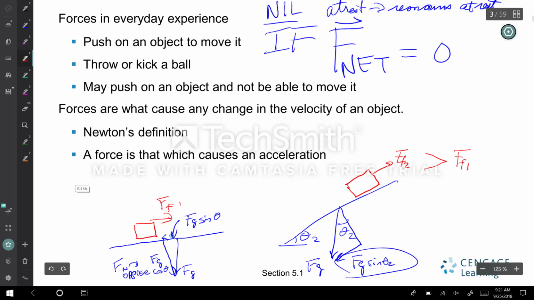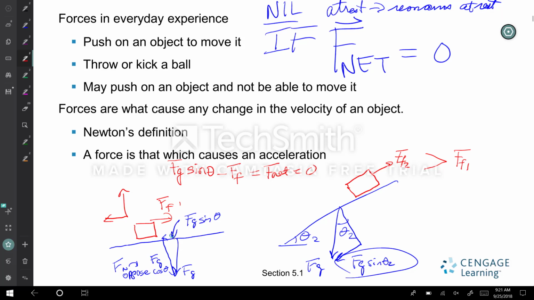Because if I choose my coordinate system this way, I'm going to have F sub G sine theta minus force of friction equals F net equals 0. Everyone follow my logic there?